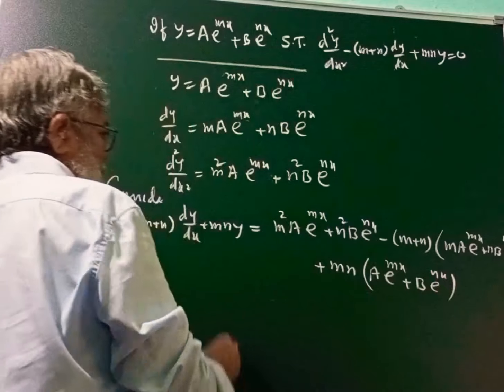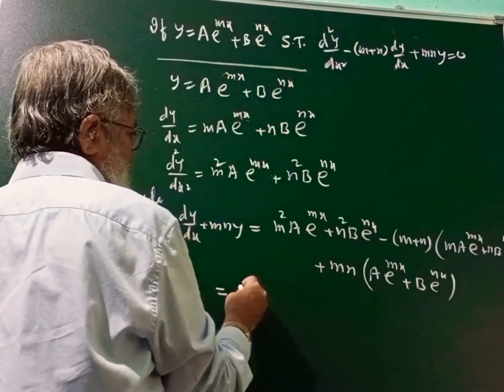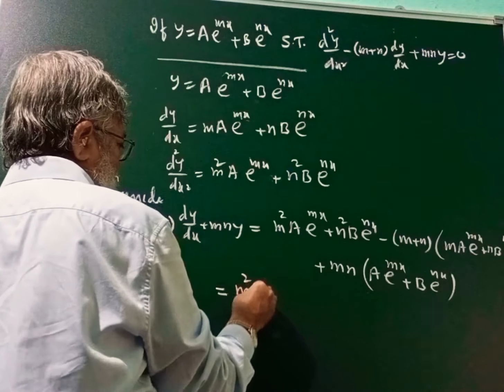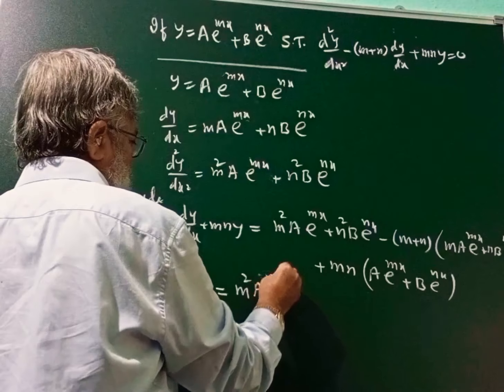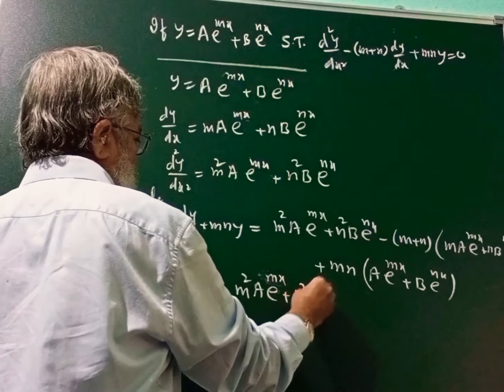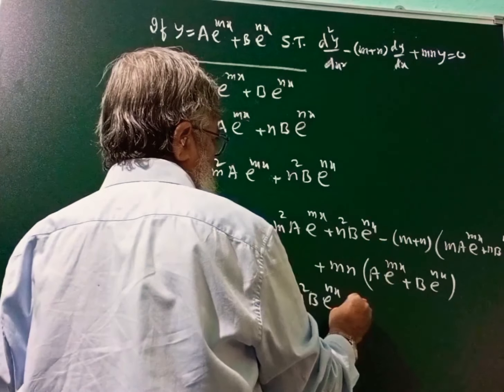Now we open the bracket here. These two quantities, let them be as they are: m square a e raised to mx plus n square b into e raised to nx. Now open the bracket.